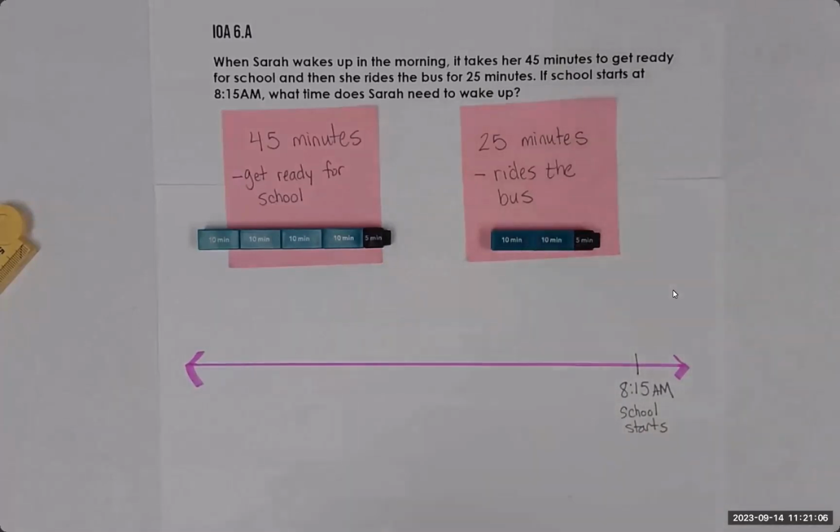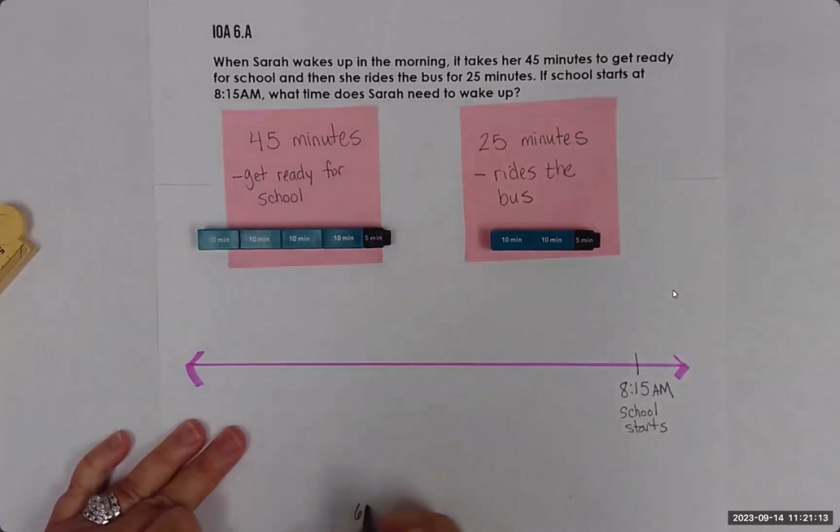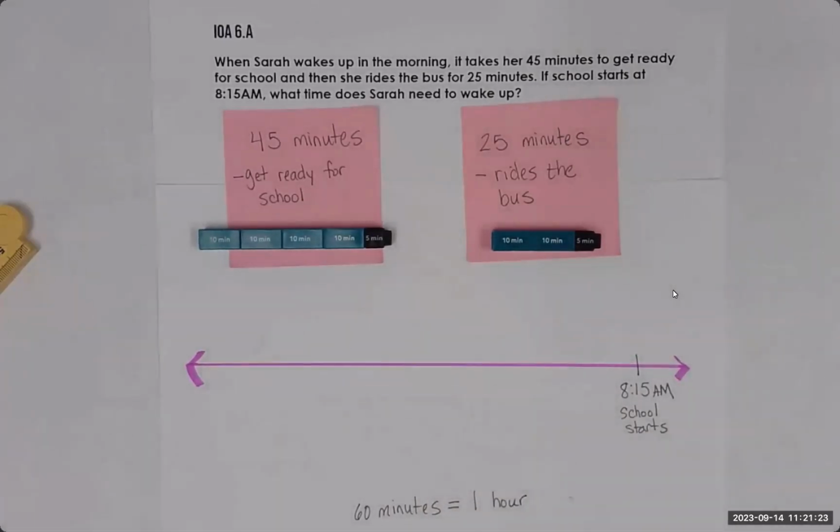So the other thing that's very important to think about when we are solving elapsed time problems is that 60 minutes, you can see that 60 minutes is equivalent to 1 hour. That's real important to know.